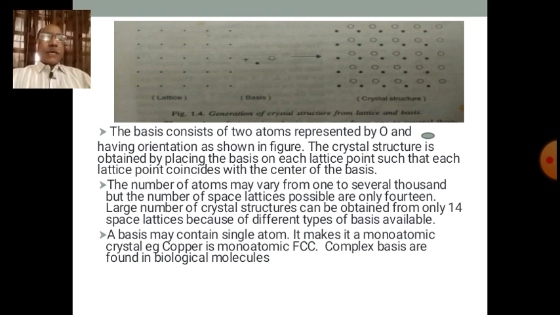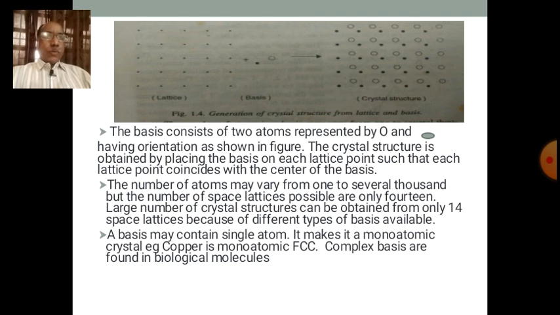The basis may contain a single atom. It makes it a monoatomic crystal, like copper, which is a monoatomic face centered cubic structure. In the case of copper, the basis is made up of a single atom.